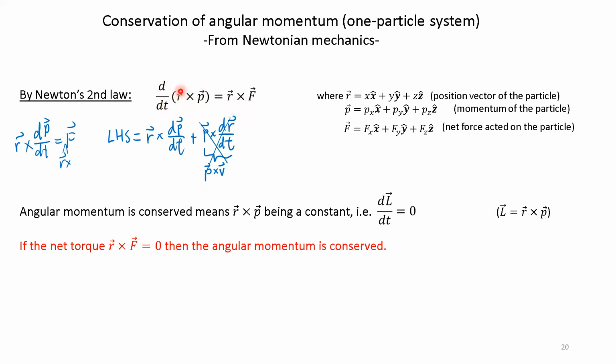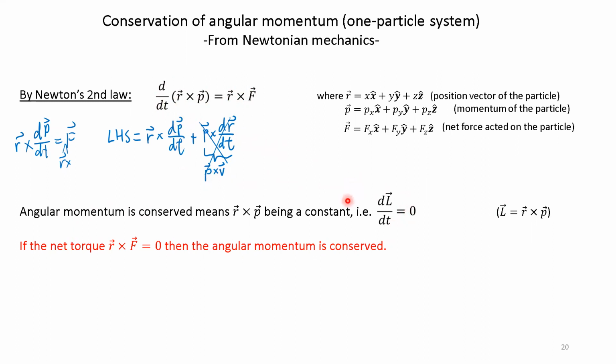If you want this time derivative to be 0, that means the torque acting on the particle has to be 0. So if it's 0, then the angular momentum is conserved. This is what we have from Newton's second law, and this is what you have learned before.